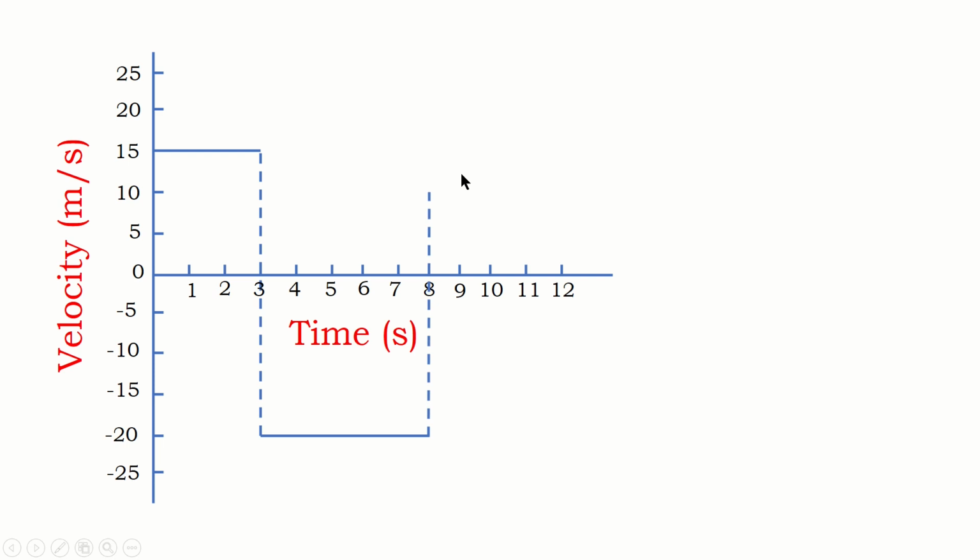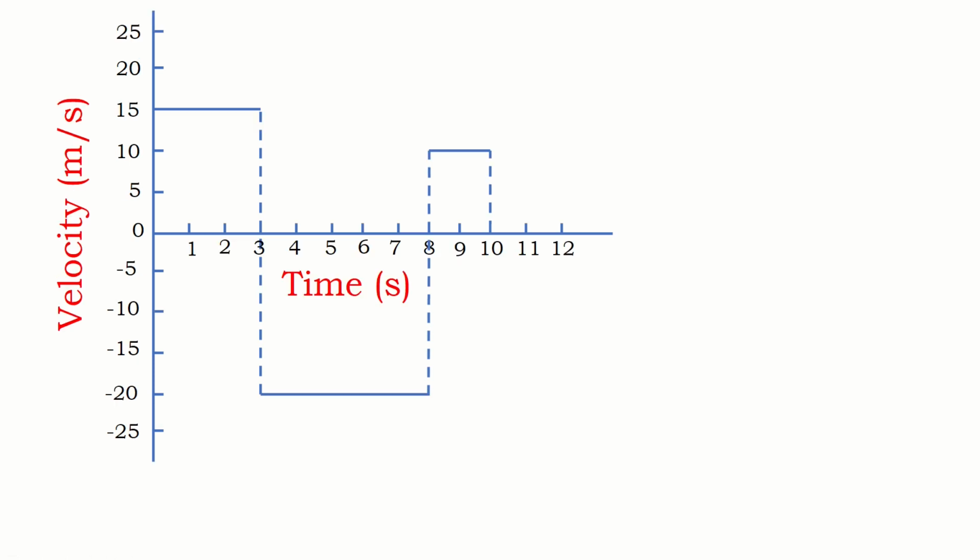Now the straight line which starts from 8 seconds and goes up to 10 seconds, meaning for 2 seconds the body moves with a velocity of 10 meter per second, is represented by this straight line. If we draw a vertical line from this last point, then we have another rectangle. We have altogether 3 rectangles. This is the graphical representation of the motion given in the numerical problem.